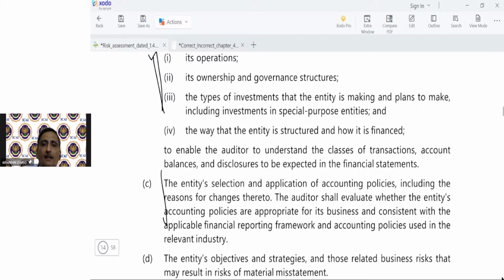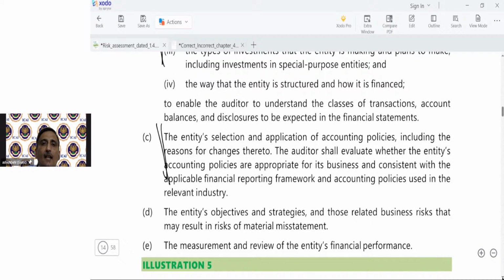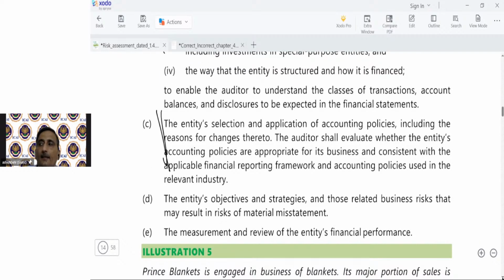Again, this point is coming. The entity's objectives and strategies, what are the business goals and associated business risks. And the measurement and review of the entity's financial performance, what has been the past performance of the entity.